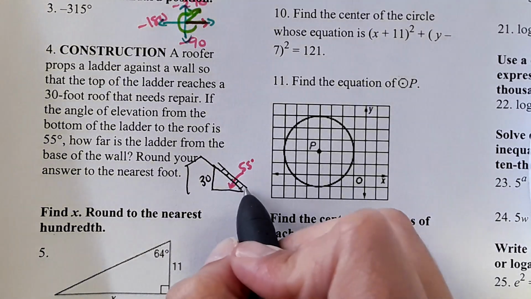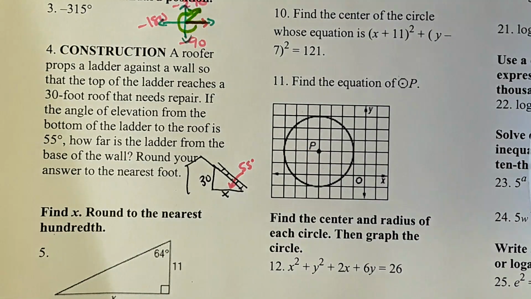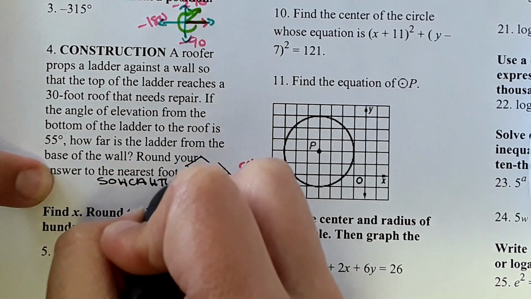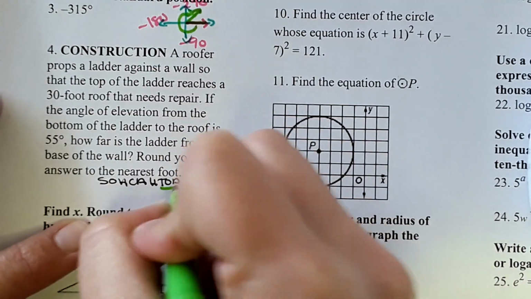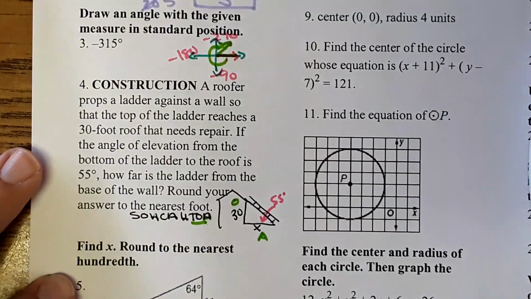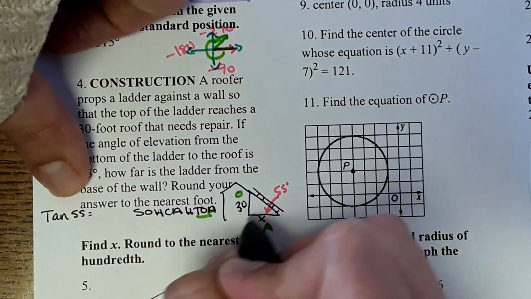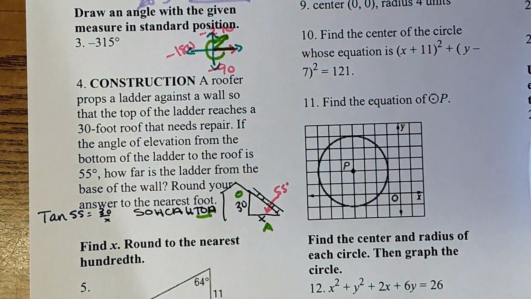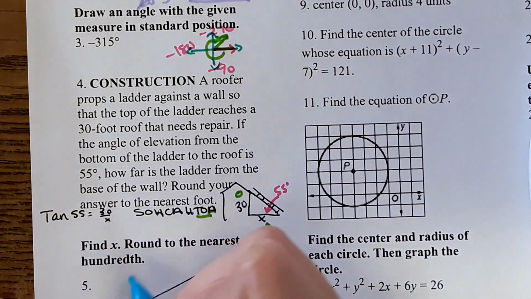And then it wants to know the distance from the ladder to the base of the wall. So you're looking for this measure right here. Okay, so we're going to use trigonometry, SOHCAHTOA. And we have from this angle, opposite and adjacent, so we're going to use tan. It'll be tan of 55 is opposite over adjacent, so 30 over x. And this is the format where it takes an extra step because that x is in the denominator.